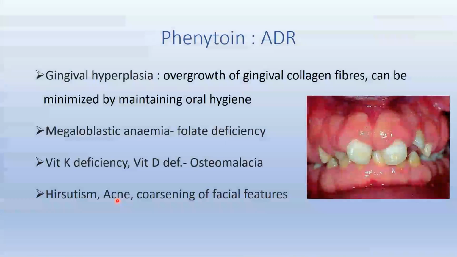Then, what are the other adverse effects? Gingival hyperplasia, which is very prominently seen, and this can be somewhat minimized by maintaining proper oral hygiene. In the same way, due to folate deficiency, it can cause megaloblastic anemia, it can cause vitamin K deficiency, as well as osteomalacia due to vitamin D deficiency. In females, it can cause hirsutism, acne, and worsening of facial features on prolonged use.